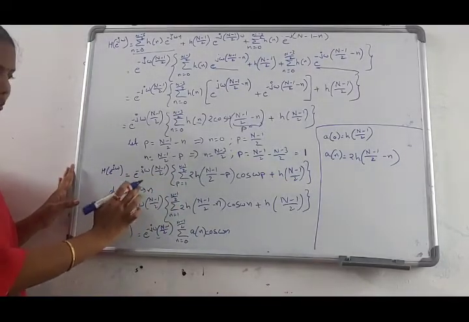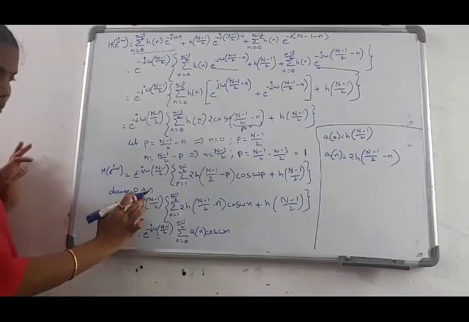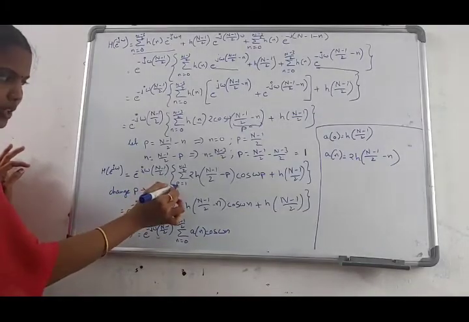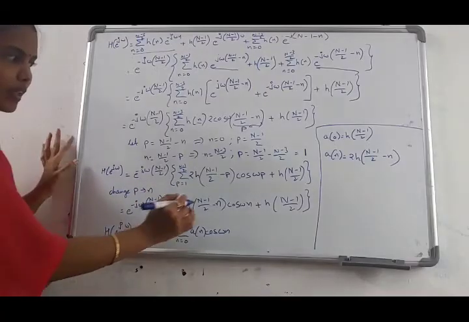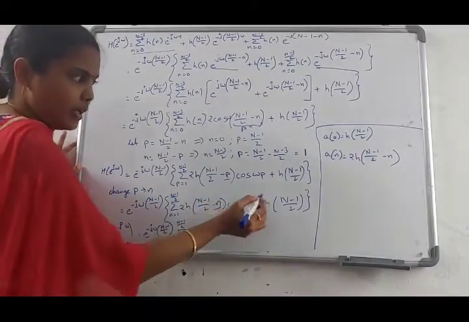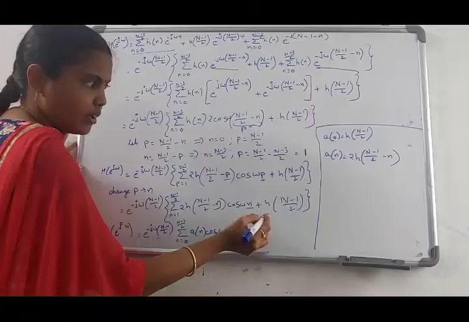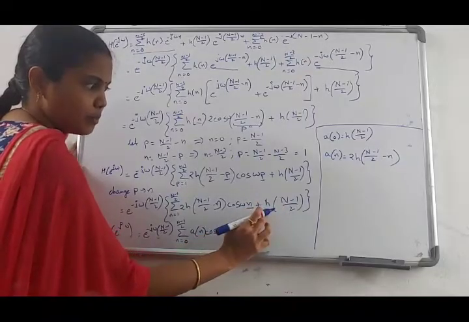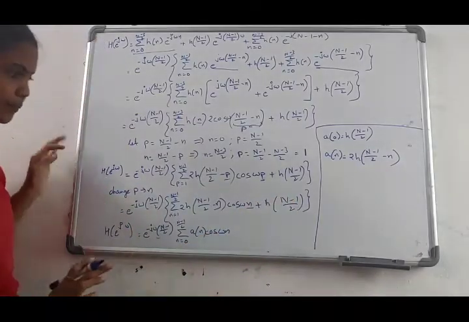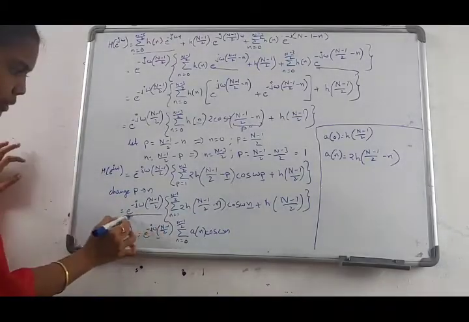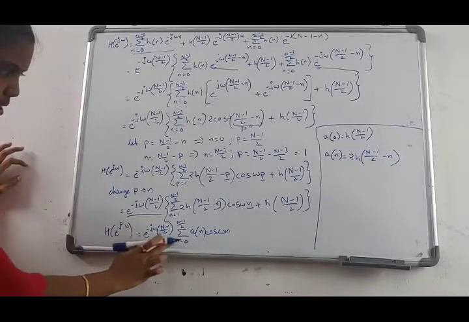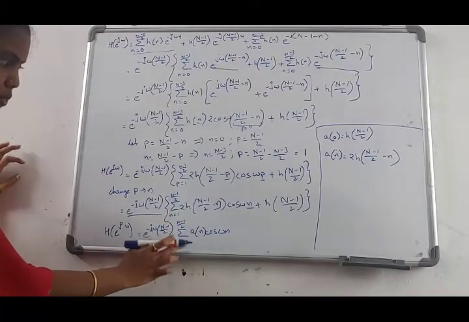Again you have to change from p to n, e power minus j omega (N minus 1)/2. Now change p as n, n is equal to 1 to (N minus 1)/2, plus h of (N minus 1)/2. This term you write the same, summation n is equal to 0 to (N minus 1)/2.